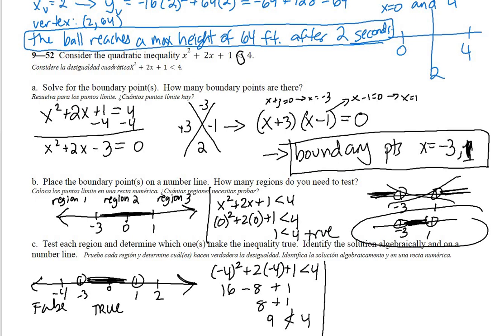I'll check the number 2. 2 squared plus 2 times 2 plus 1 less than 4. That's 4 plus 4 plus 1, which is 9. Less than 4, which is again false. So we were right.